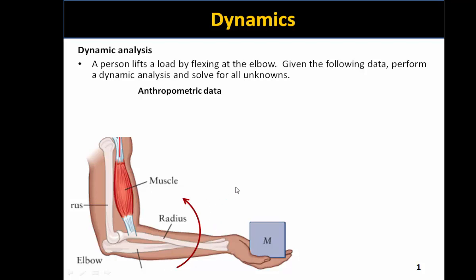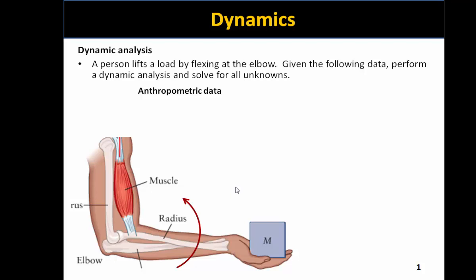Now, when we begin to perform the dynamic analysis of this task, we first need to collect some helpful information. And the first piece of information that we need to start to gather is anthropometric data.